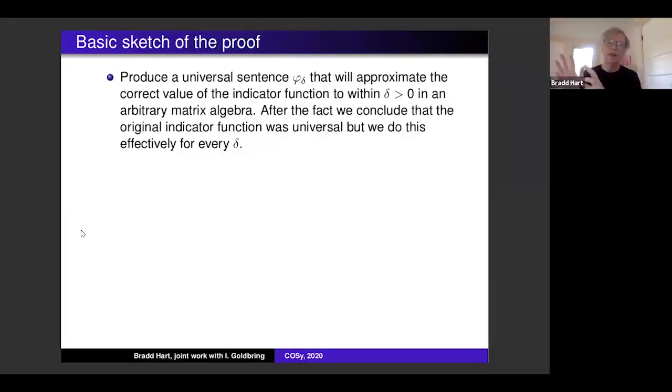I look at the uniform continuity of that, and I want to approximate my domain to within some delta. So I want to get the correct value of the indicator function up to delta. I'll have to backtrack, but everything's explicit. So I backtrack to find out how closely I have to approximate those big summations or whatever.